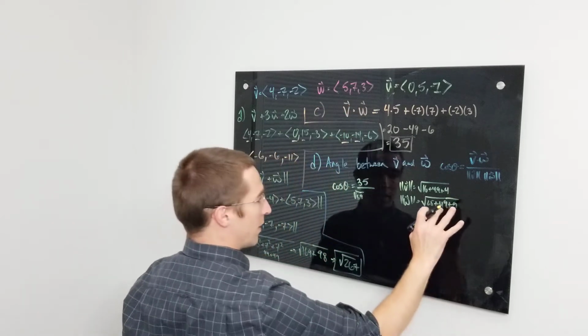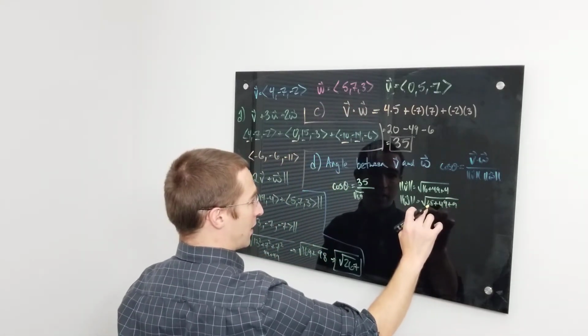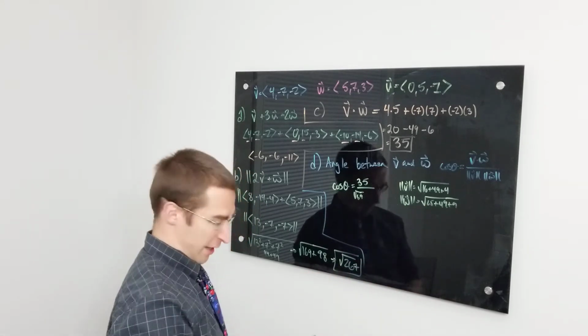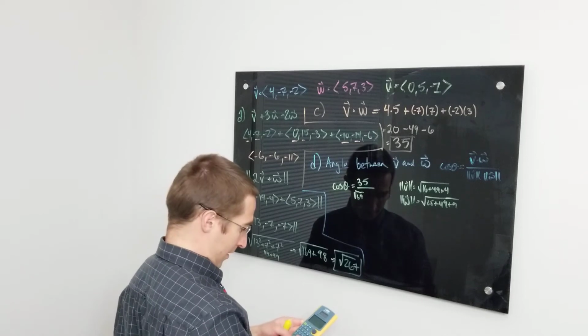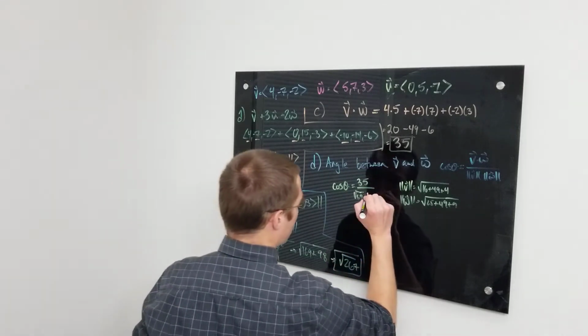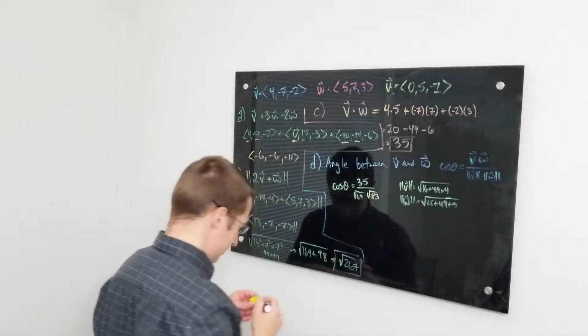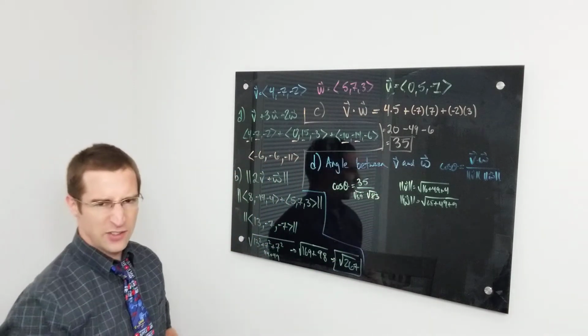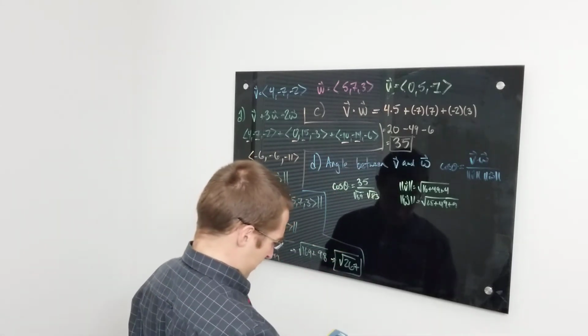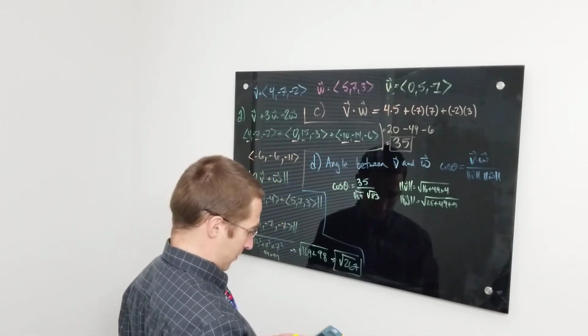What's that going to be? 58, 60, 78, 83. I'm going to double check that one because although I'm a math teacher, I do goof sometimes. 83, I threw an extra 1 in there. So square root of 83. Okay, regardless, I'll double check this other one too. 16 plus 49 plus 4. I got that one right.